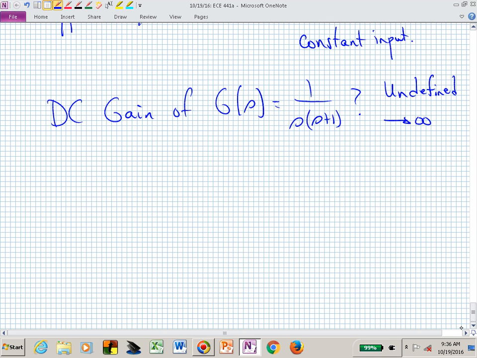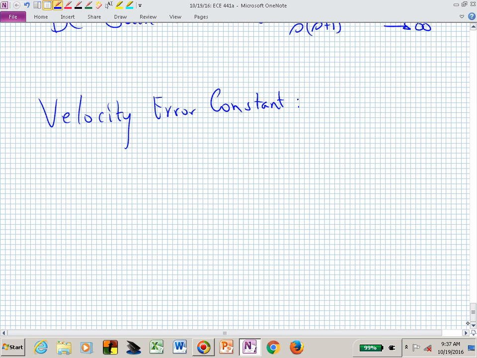But with a type 1 system, as with a type 0 system, we defined our position error constant. We will now define another error constant, which is our velocity error constant. And that's going to be helpful in just a minute.